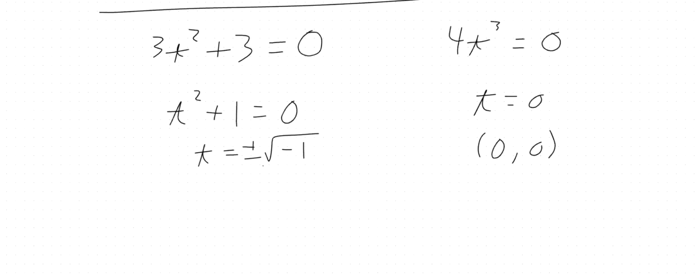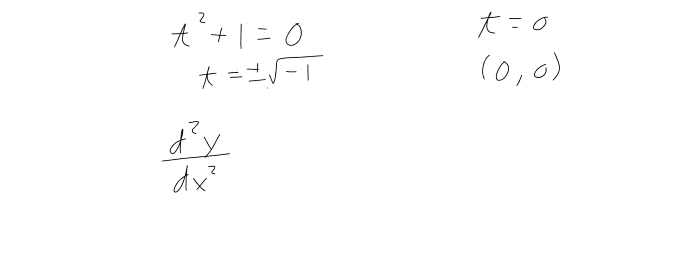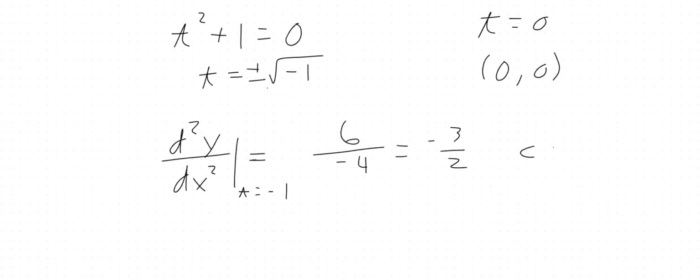So if we plug in a t value less than 0, we don't want it to equal 0, we'll plug in a -1, we would get 6 over -4, so -3/2. So this is a concave down situation.